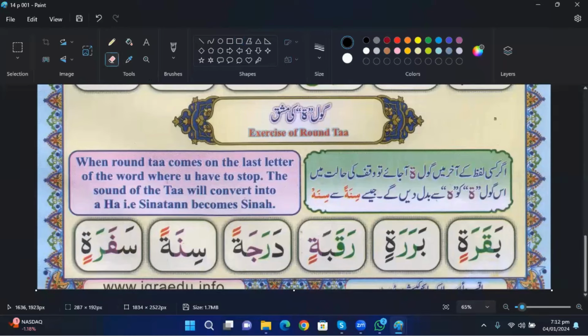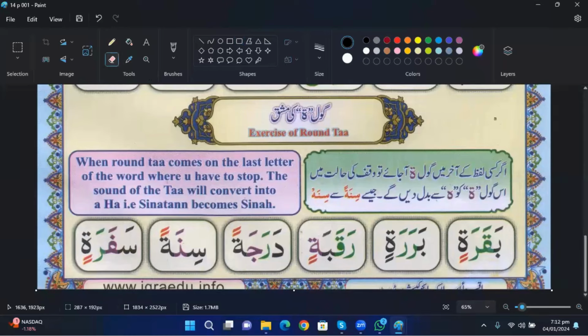Excuse me, ma'am. If the double kasra comes at the end of the letter, how will we pronounce it? It will be according to their states. If there is idhar or idgham bi ghairi gunna, so definitely that will be clear sound.